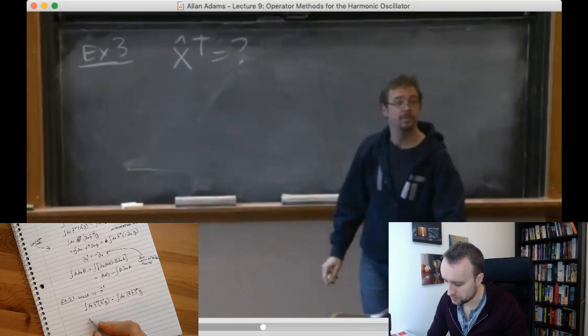Now we know that the position operator is just throwing an x on there. So we're getting the integral dx of x f times the conjugate of g.